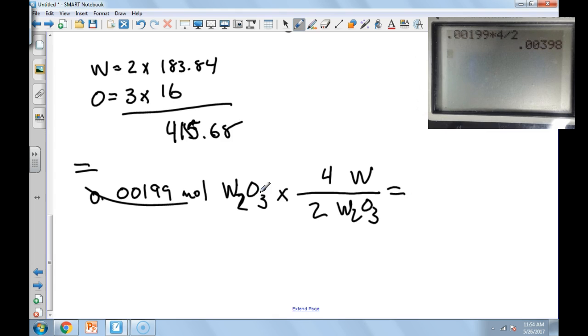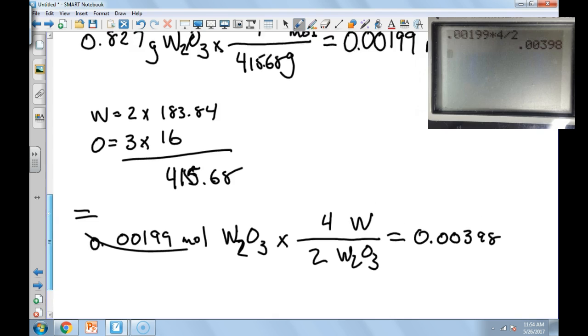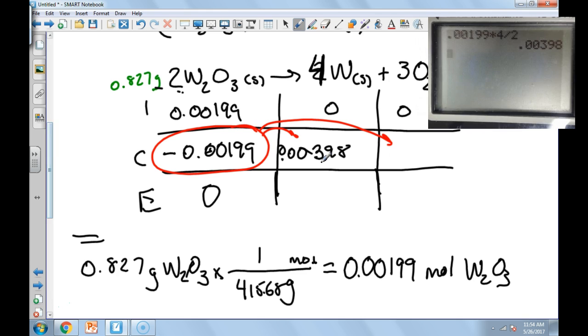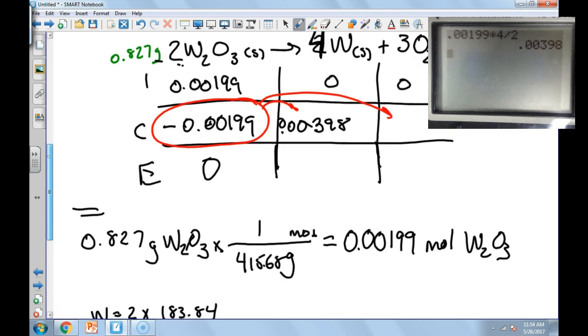Some of you may have been able to see that 4 over 2 is 2, and then you could multiply. But if you didn't, there it is. So it's 0.00398. So we come up here. So this is 0.00398 moles.